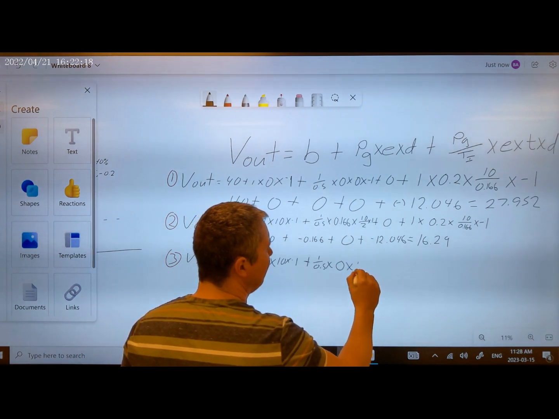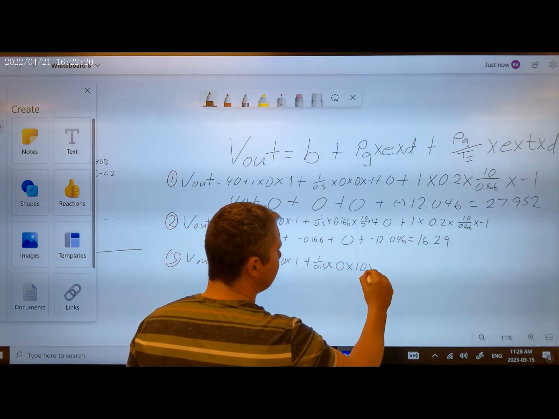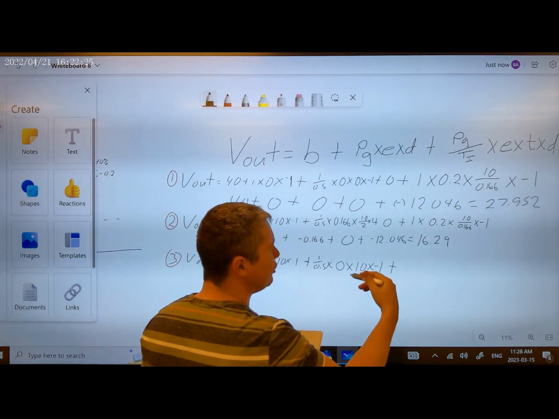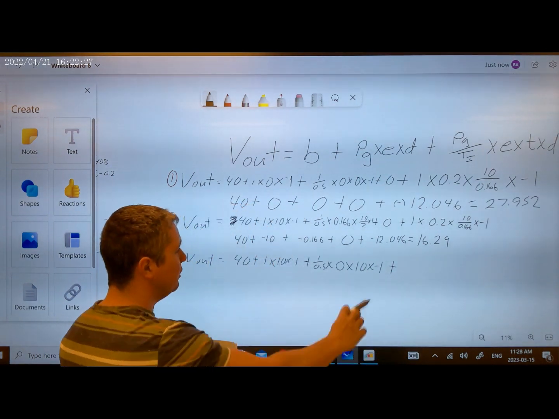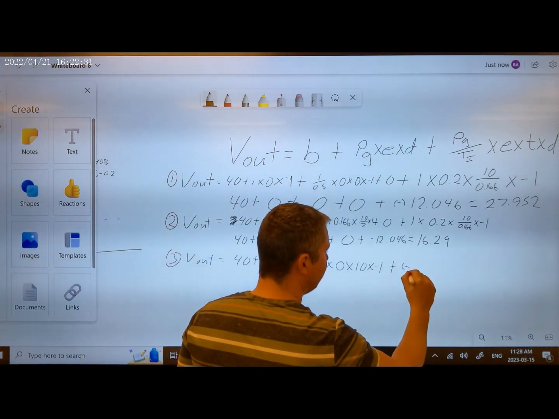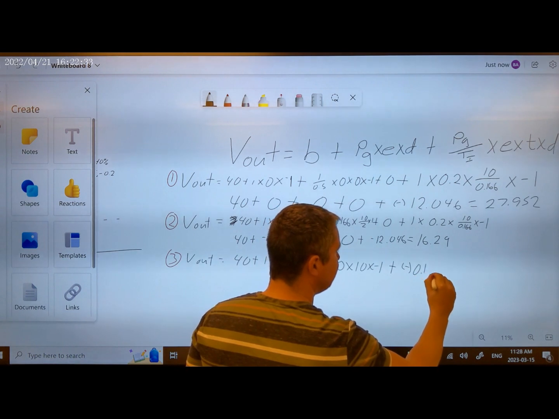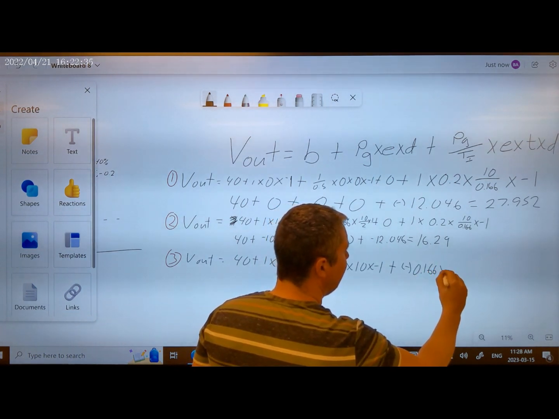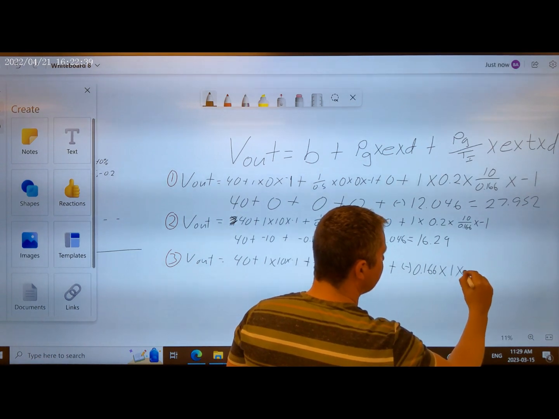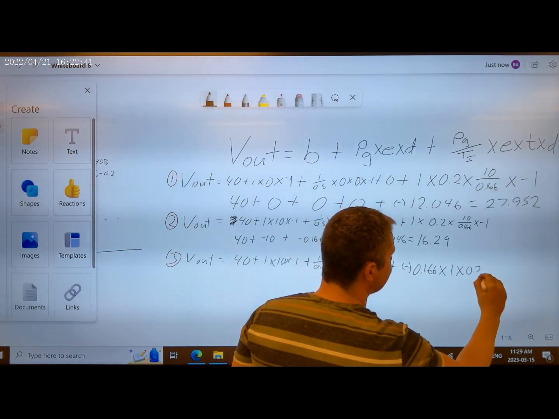Even though there's still an error of 10 times the direction of minus 1, plus our cumulative integral, which we look up here, is negative 0.16, times our derivative of 1 proportional times derivative.